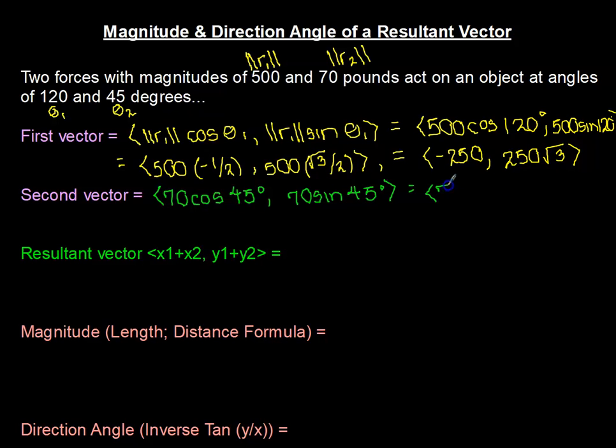So I'm going to write 70 times cosine of 45, which is the square root of 2 over 2, and 70 times the sine of 45 degrees, which is again square root of 2 over 2.